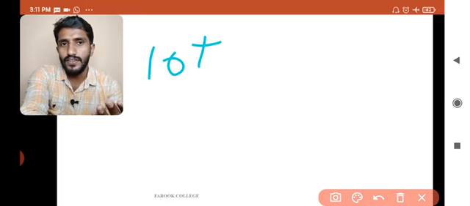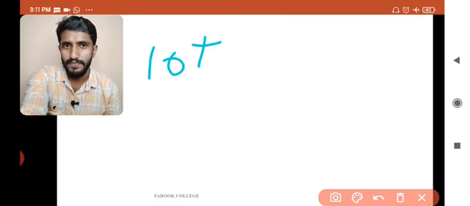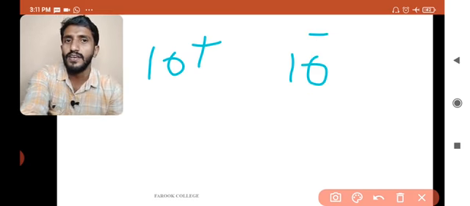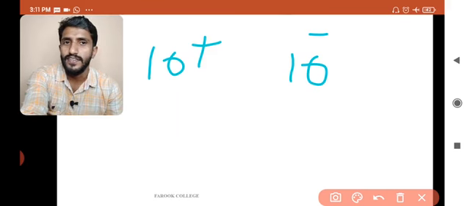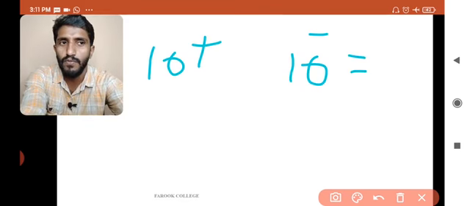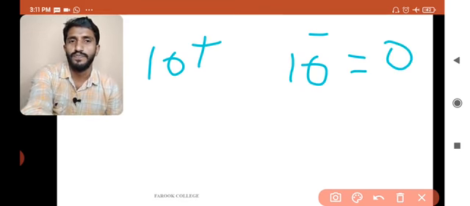The person who is importing my product is losing $10. So there is a loss of $10. Then what will be the net benefit? 10 plus is there, 10 minus is also there. Then ultimately, if we add both, we will get 0.